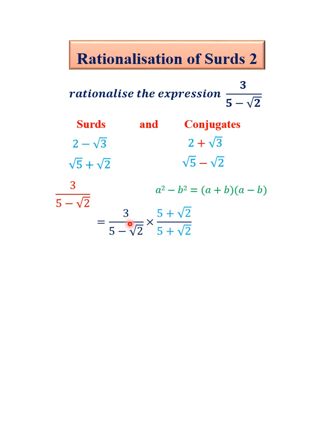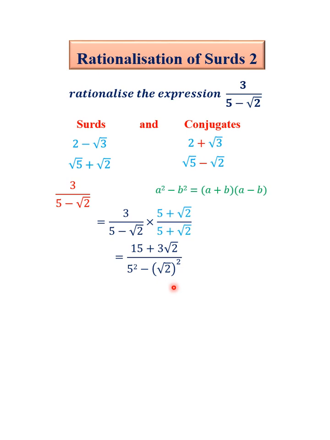Let's start with the numerator and then go to the denominator. This becomes 3 times 5 is 15 plus 3 times root 2 is 3 root 2. Now at the denominator, because this is similar to the difference of two squares, we can simply write it as 5 squared minus root 2 all squared.